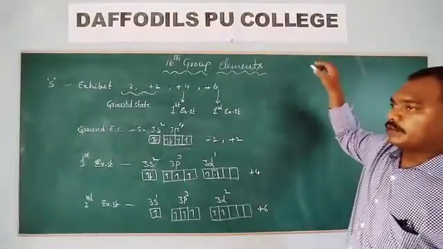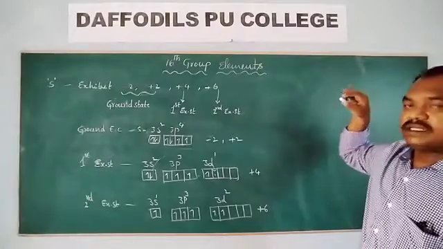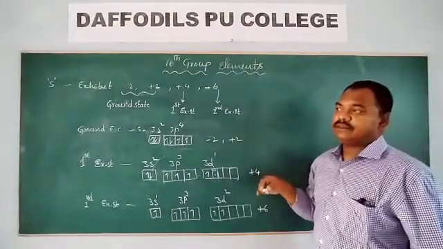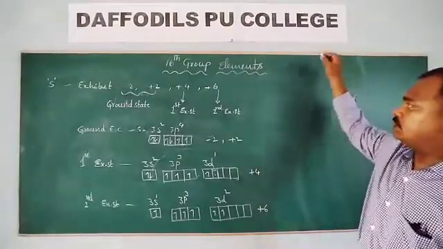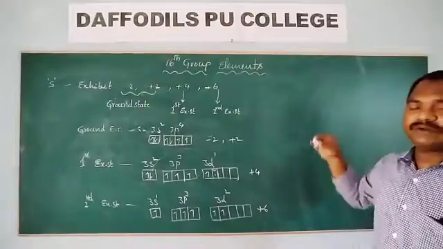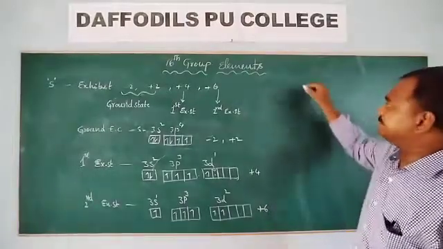So those properties are known as the anomalous properties. What are those anomalous properties? What are the causes for these anomalous properties?